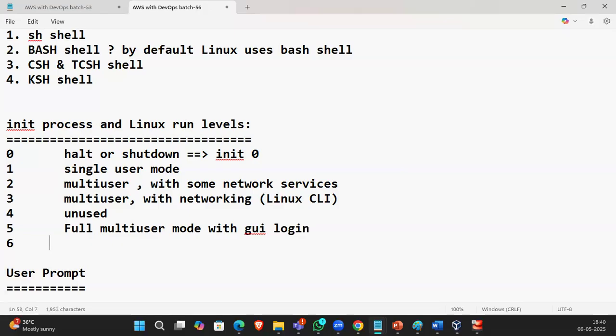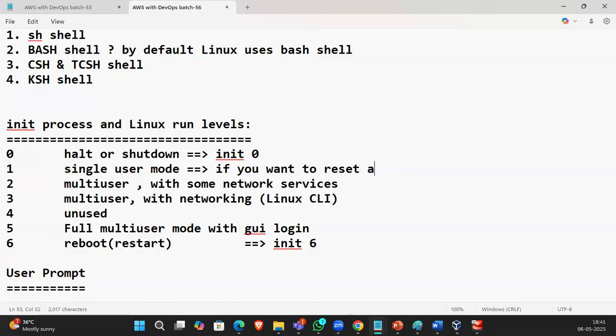What is the sixth one? The sixth one is nothing but reboot or restart the machine. What is the command, guys? The command is init 6. Okay. This is single user mode, right?